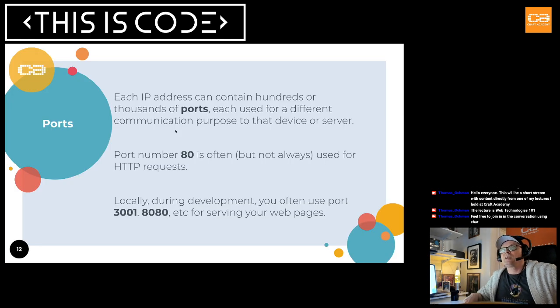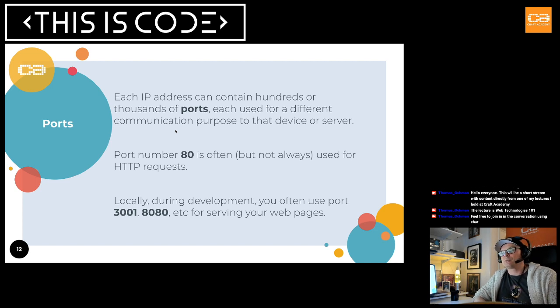Now, as I said, each IP address can contain hundreds of thousands of different ports, and they can be used for different purposes. I already explained what port 80 does. So when you work as a developer, and often if you look at my demos or my streams, when I develop something, we start a server like a local web server on your development machine, and we are using a local address.